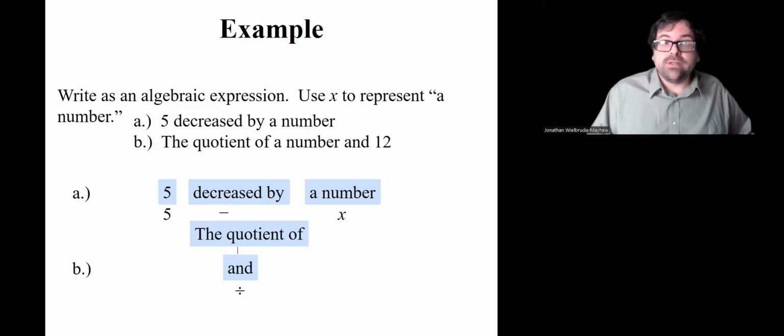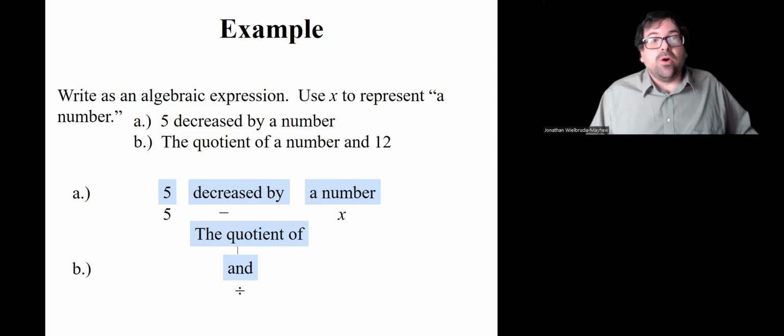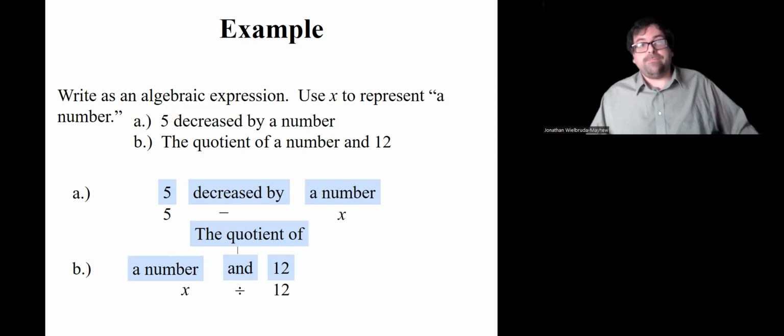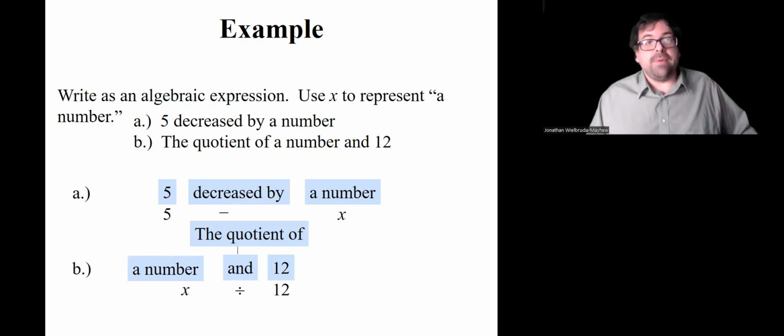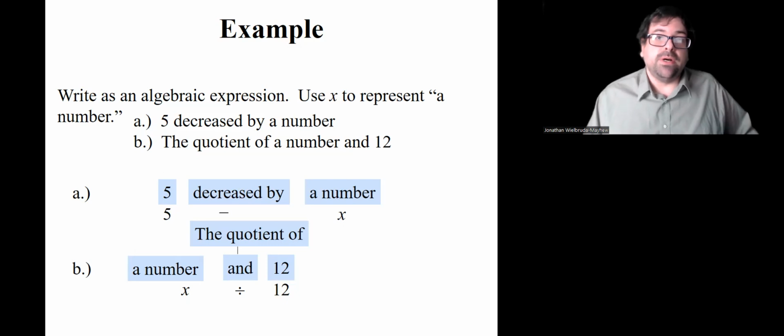Order matters. And the order is given in the phrase for this division problem. It's the quotient of a number and 12. That's the order. A number, x, divided by 12. X divided by 12 is the quotient of a number and 12.